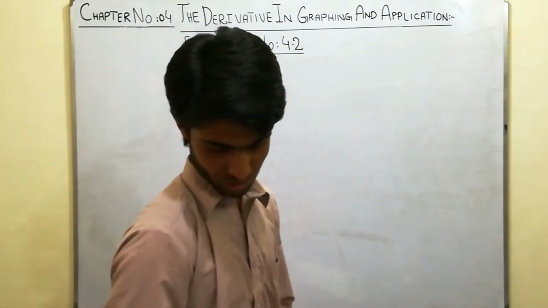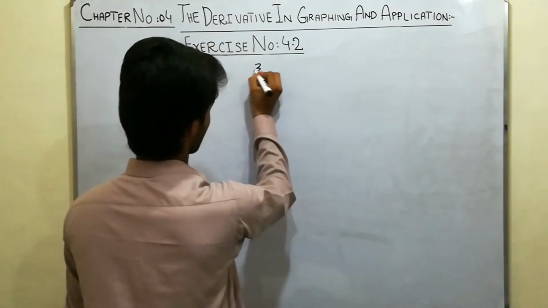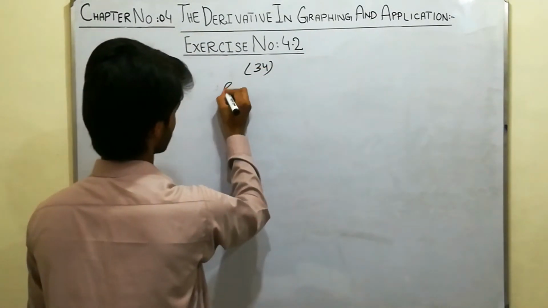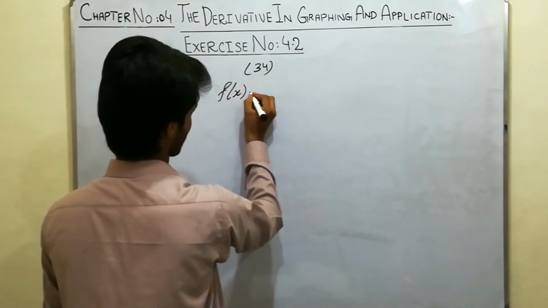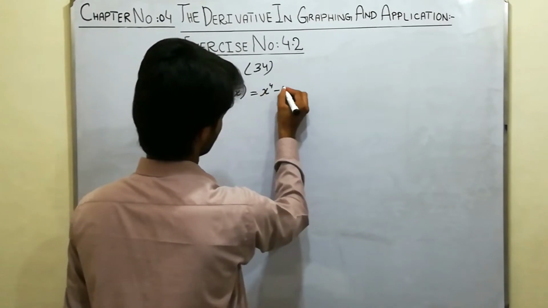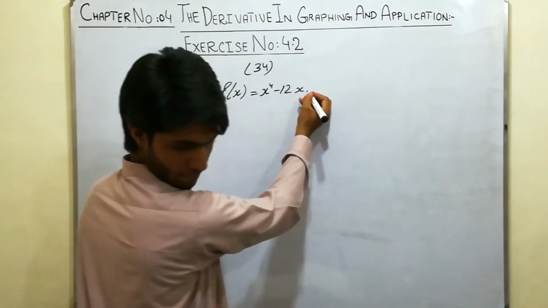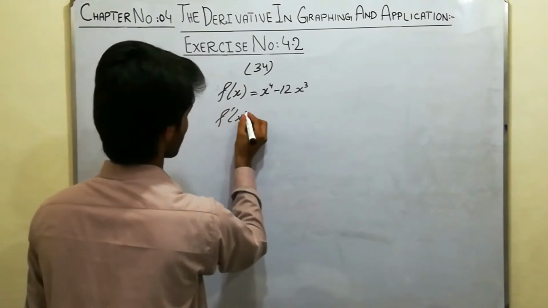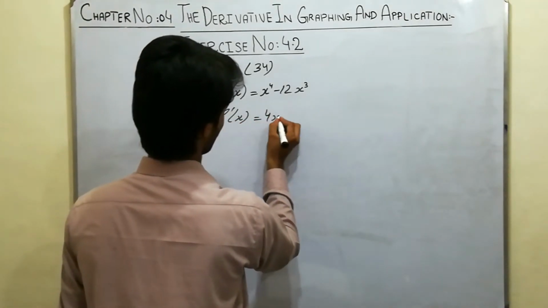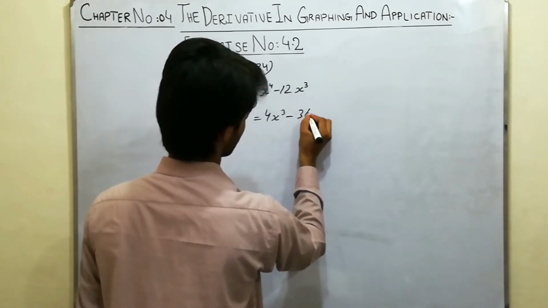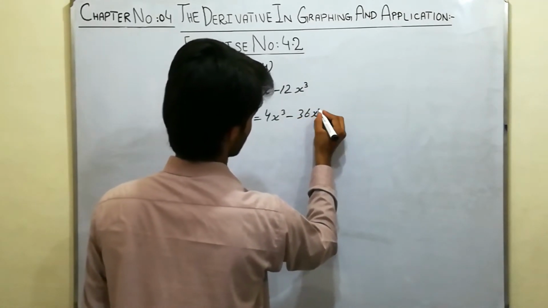Next is question number 34, from the second derivative test. Take the derivative: 4x cube minus 36 x square.